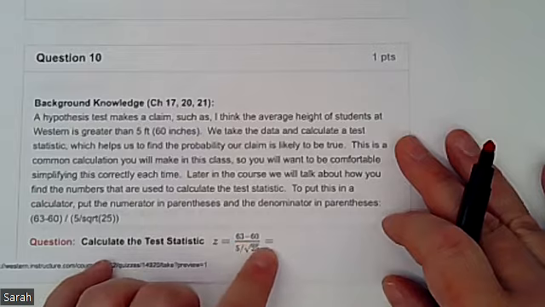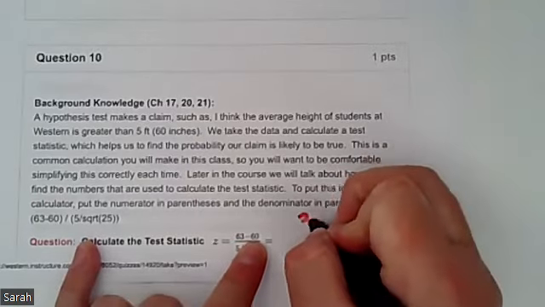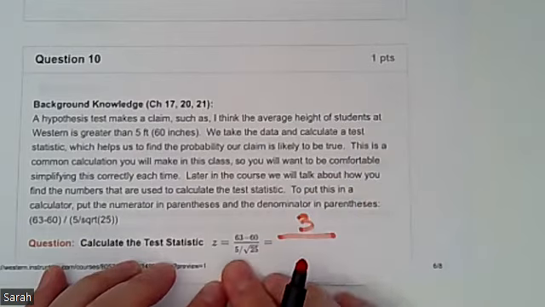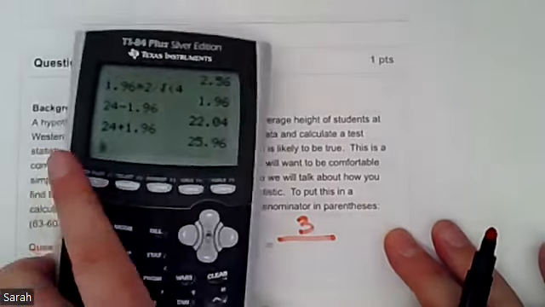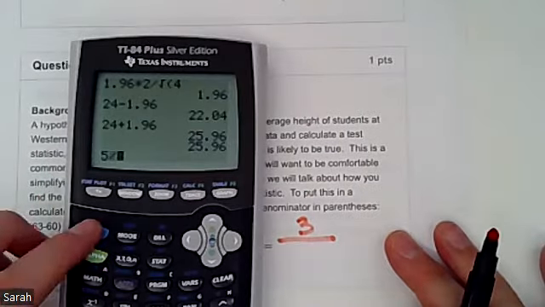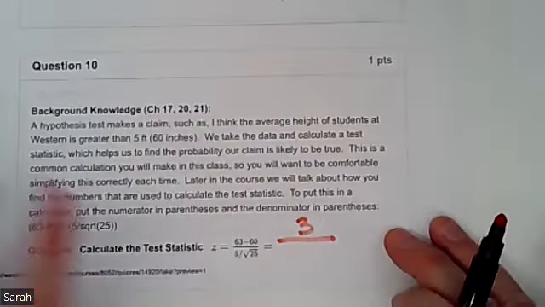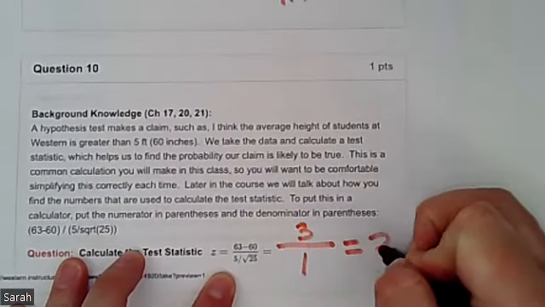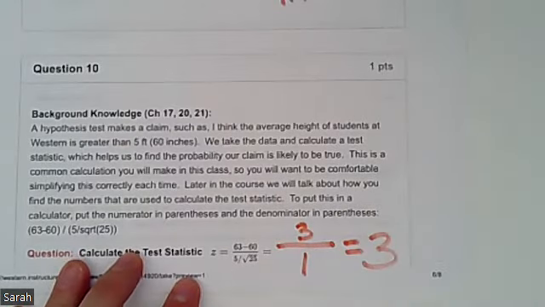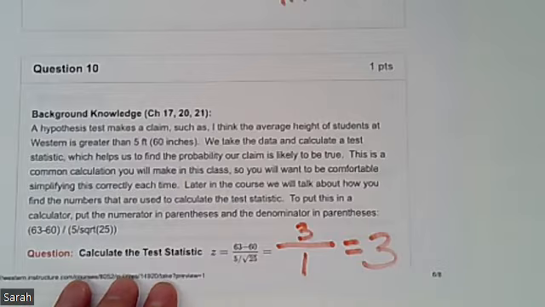So 63 minus 60 is going to give me a 3. And then I have 5 divided by the square root of 25. So that gives me 1. And so 3 over 1 is just equal to 3. So that's what I would type in the box, and that's all you need for these ones.